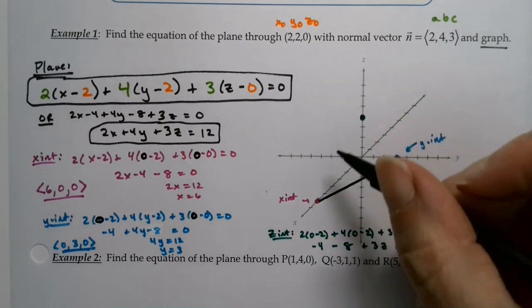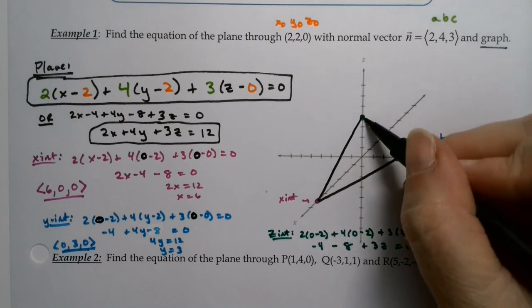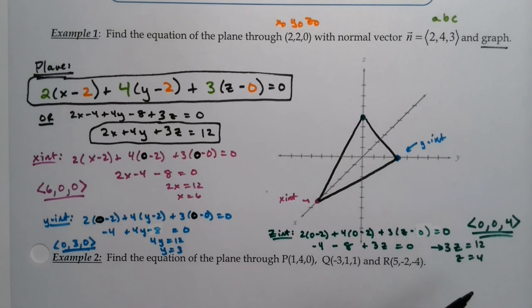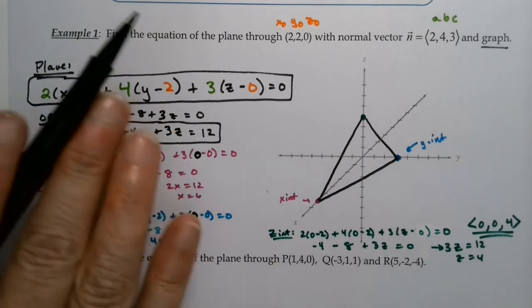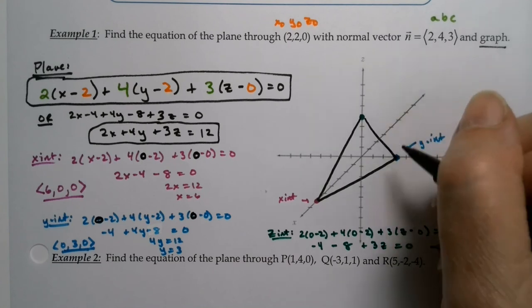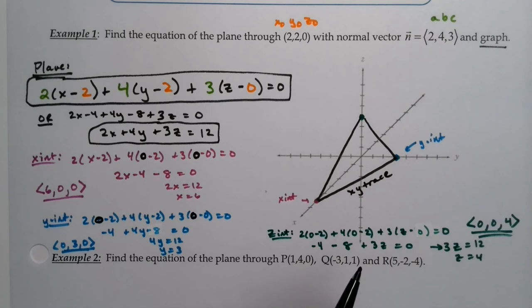And then we can draw our other traces. So you have a trace right here and a trace right here. It's where your plane intersects. Now the plane keeps going on past these values, but this is how that plane cuts across the coordinate axes. So this right here is the XY trace because it's sitting in that XY plane, that horizontal plane.